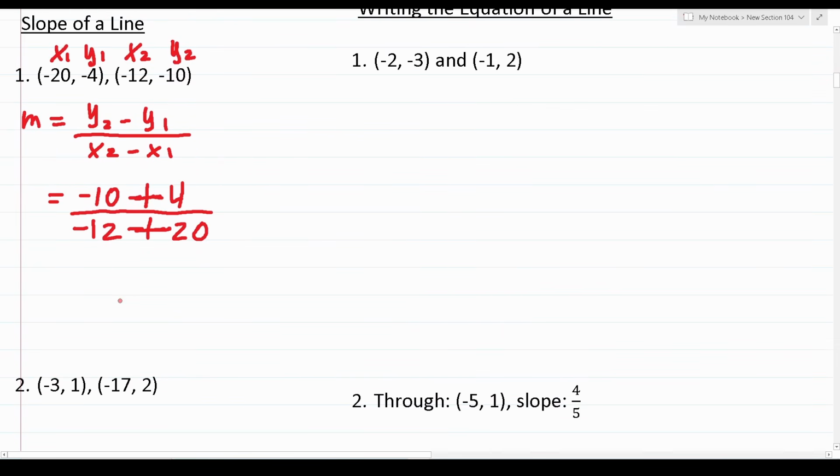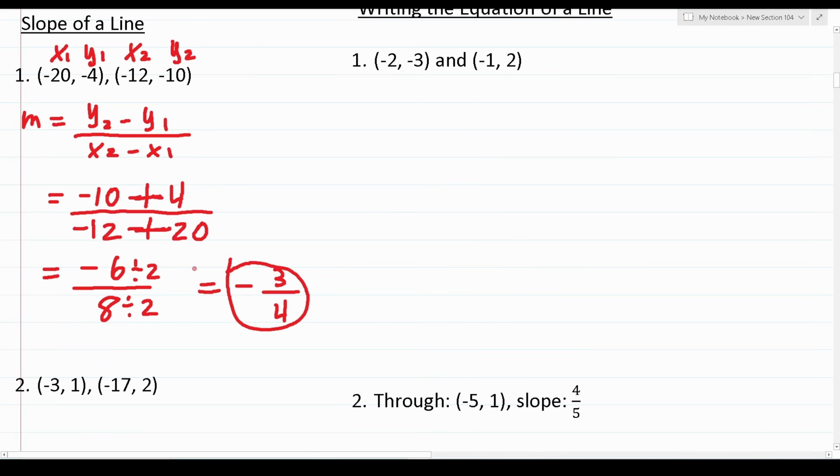All right, so let's go ahead and do that simple arithmetic there. Negative 10 plus 4 is negative 6. And I would read this as 20 minus 12, which is 8, of course. And we can actually simplify this fraction by dividing 6 as well as 8 by 2. 6 divided by 2, of course, is 3, and 8 divided by 2 is 4.